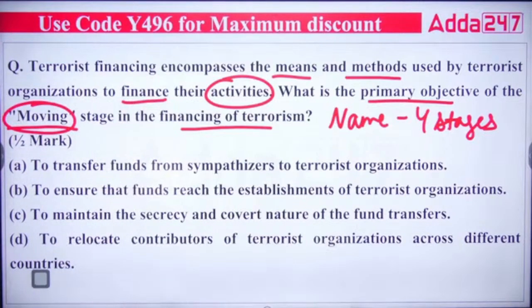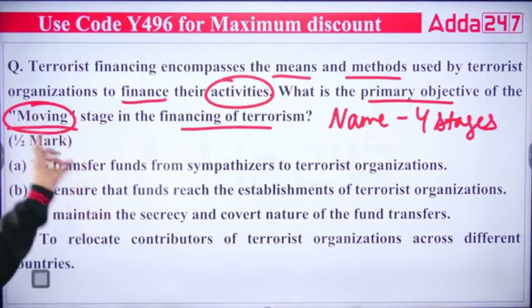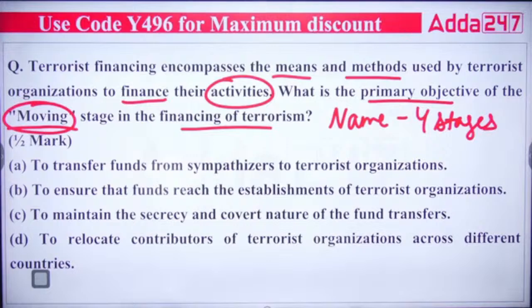Which is the right objective of the moving stage? Also let me know the names of the other 3 stages. So the right answer is A, B, C or D.